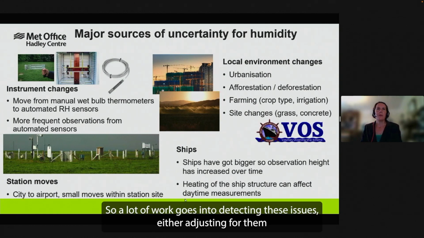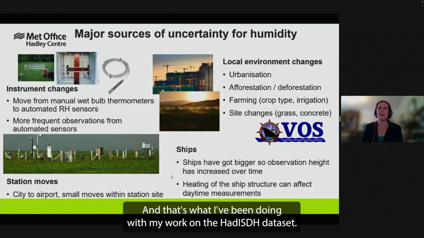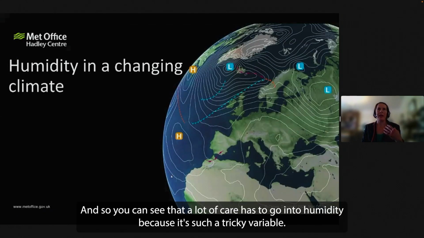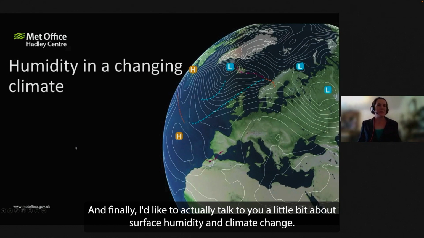So a lot of work goes into detecting these issues, for either adjusting for them or removing them, or if we can't do that, then building an uncertainty model to account for them. And that's what I've been doing with my work on the HadISDH dataset. And so you can see that a lot of care has to go into humidity because it's such a tricky variable. And finally, I'd like to talk to you a little bit about surface humidity and climate change.